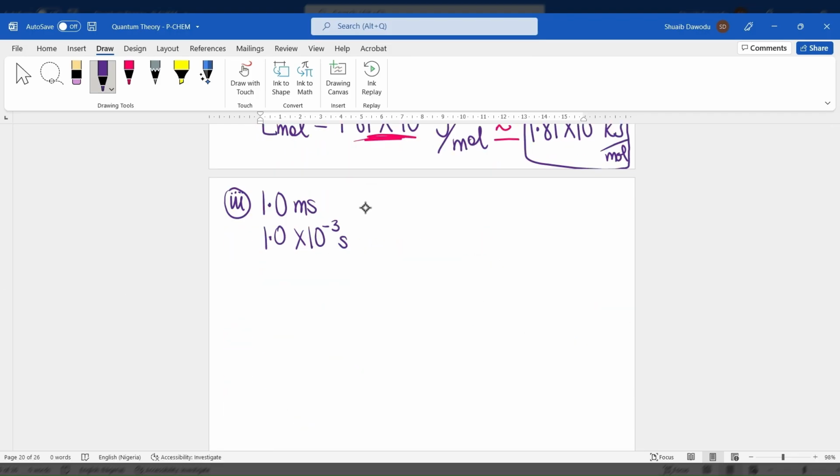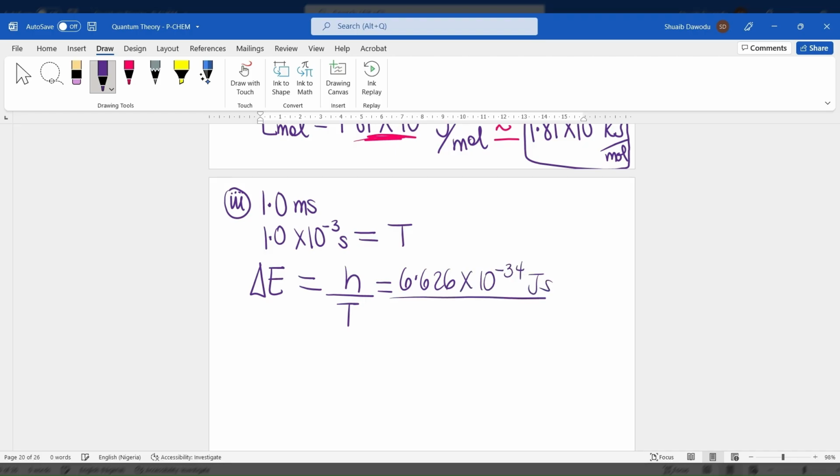So we already know that's what our period is. So that's T. We know the formula we're using is the energy of quantum changing E is equal to Planck's constant divided by period. So we just simply substitute Planck's constant. We know that to be 6.626 times 10 raised to the power of negative 34 joule seconds divided by the period 1.0 times 10 raised to the power of negative 3 seconds.